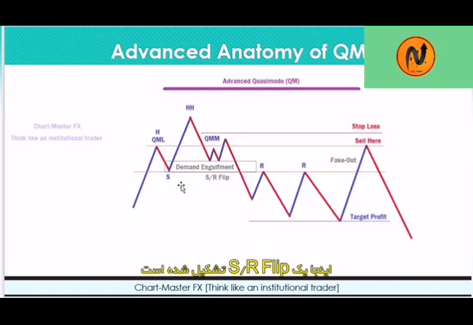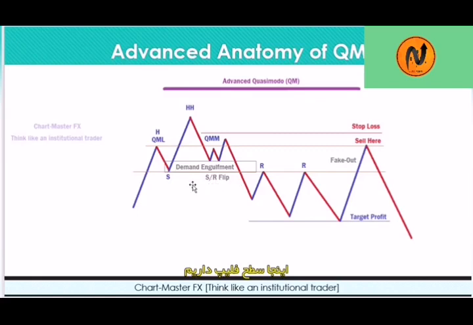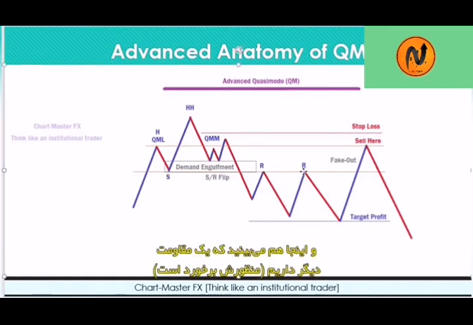So in this case, you can see that it was an SR flip, which mainly stands for support and resistance. So we had a support and resistance flipping. So you can see that the support here turned to resistance, and you can see here also we had another resistance.